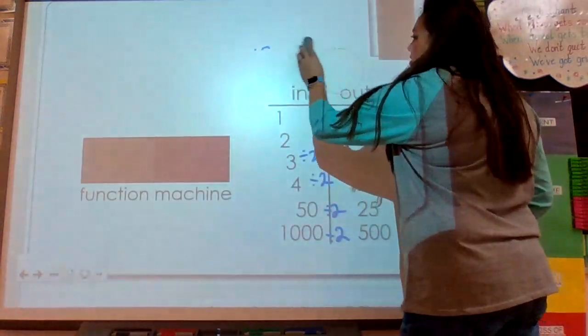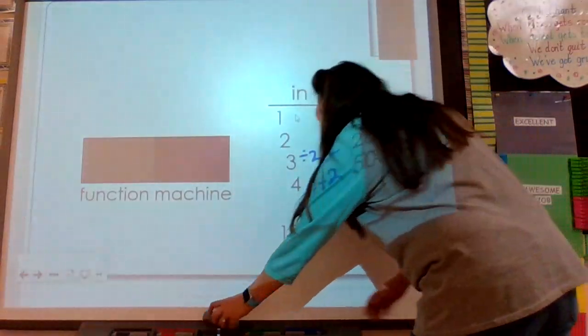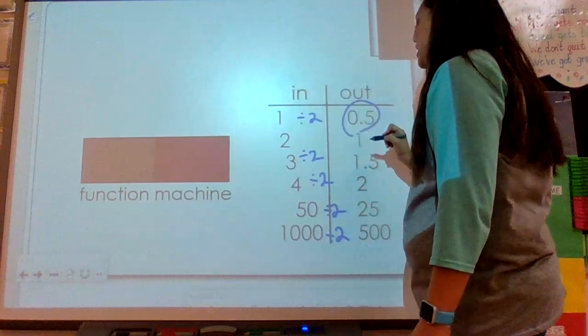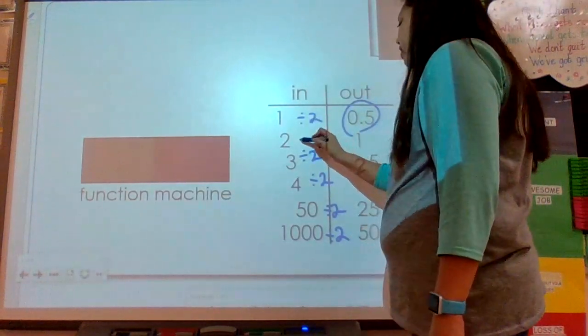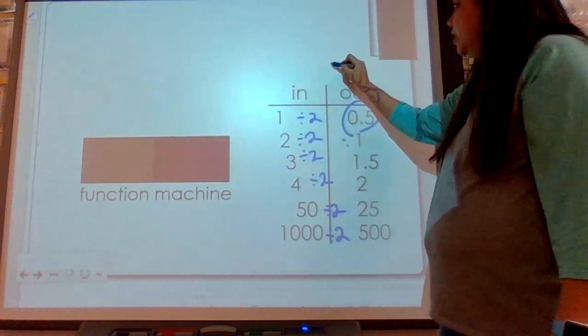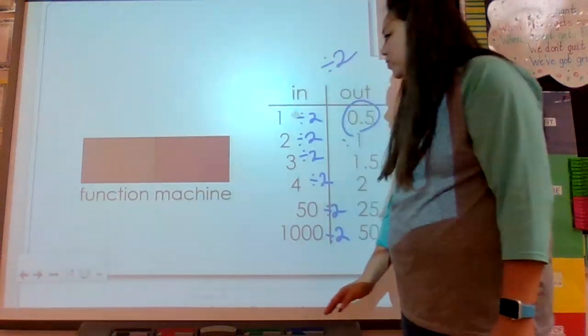So remember, 5 tenths represents a half. And that just gave us the clue for why 1, if I divide it by 2, is going to be half. Because half of 1 is half. And then if I divide 2 by 2, I'm going to get 1. So the rule here, toughie, was divide by 2.